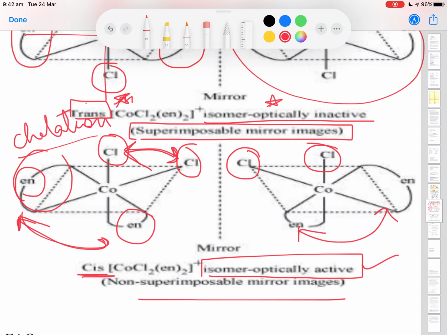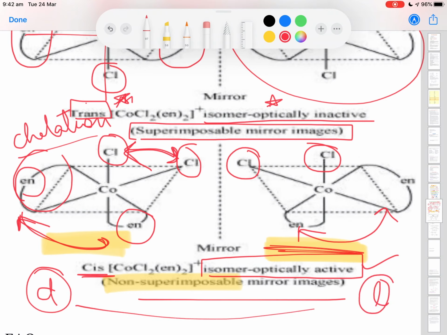If you take out this isomer, if you pick this isomer as I said and try to impose on this one, will they get imposed? No. So they are called as non-superimposable mirror images. So if one is dextro, the other one would be levo. And what are they called as?